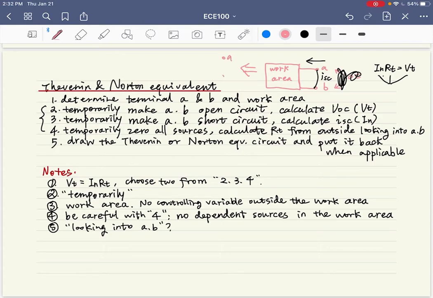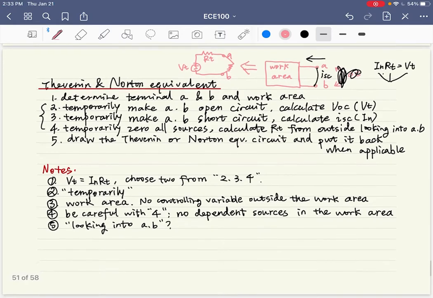If you want to directly calculate the resistance instead of using VT over IN to get it, what you can do is zero all the sources and calculate RT from outside looking into AB. The last step is to draw the Thevenin or Norton equivalent circuit, which means you should turn this circuit into the equivalent circuit.